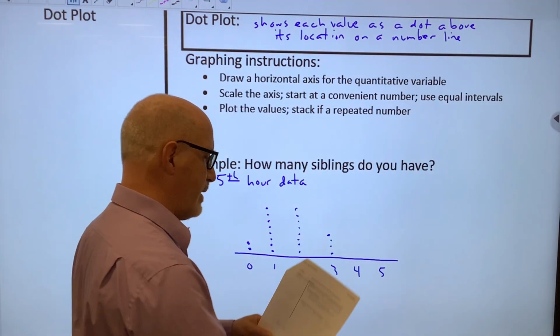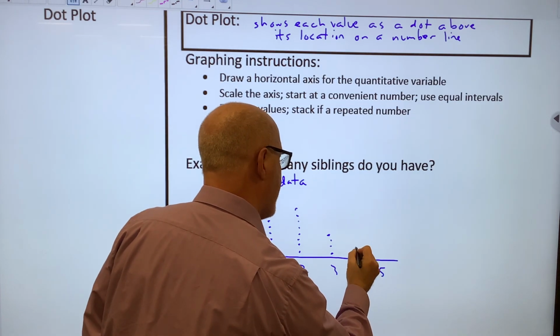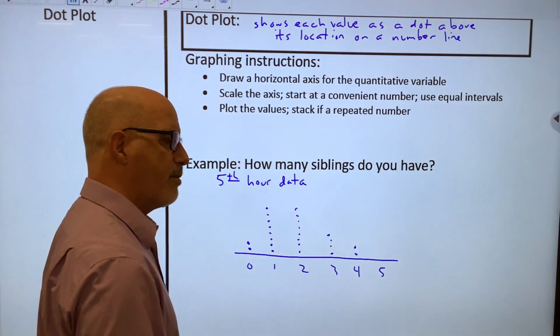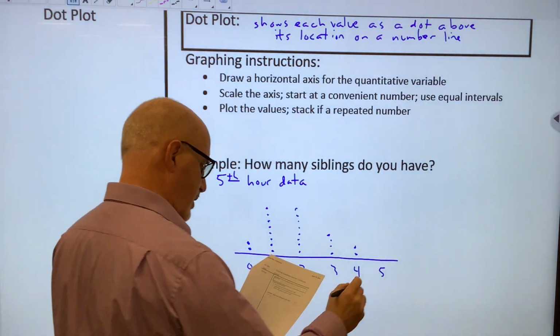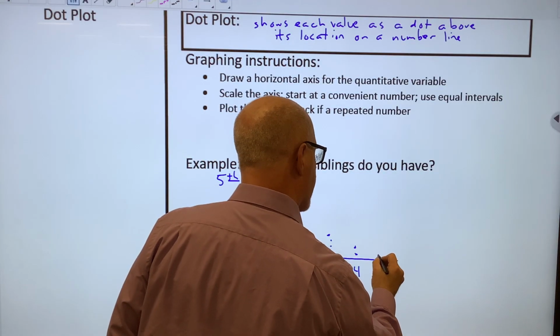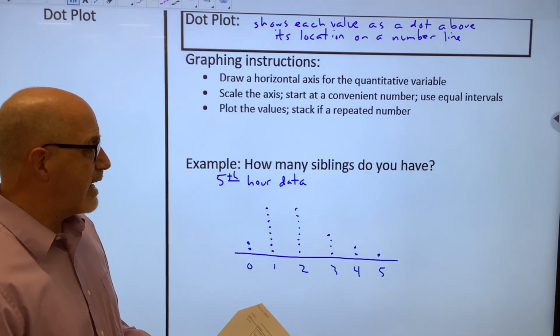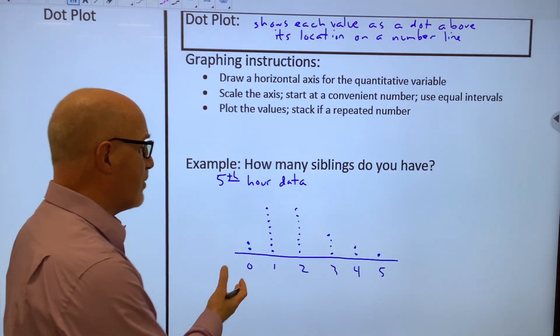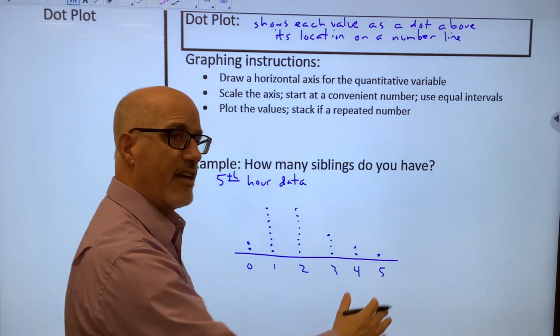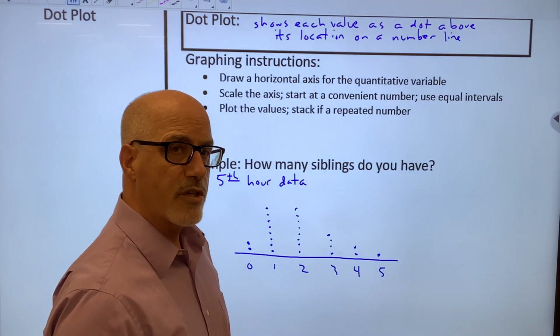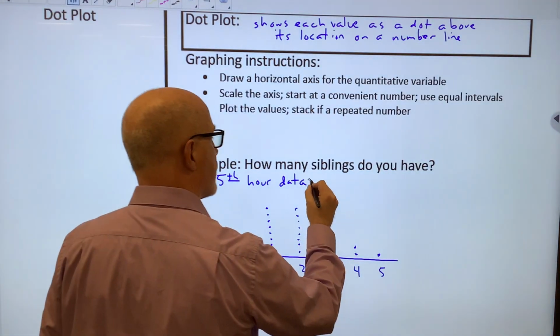Then for 4, it went down to 2 people had 4 siblings, and there was only 1 student in class that had 5 siblings. So if you look at this data set, it goes up fast on this side and then kind of tails off. Oh, this is 25 students.